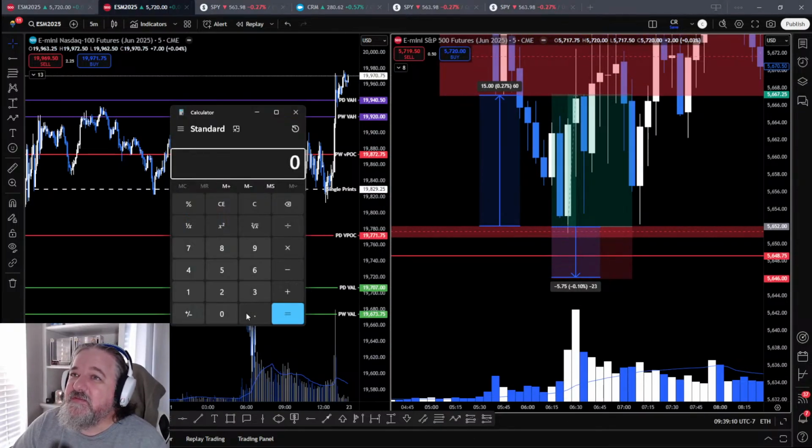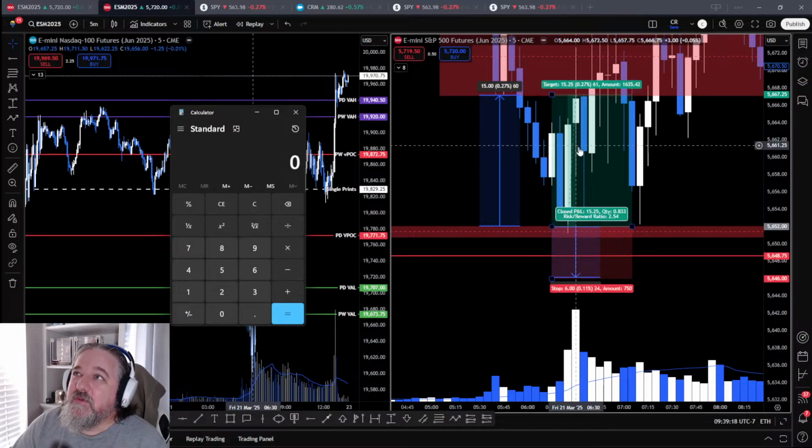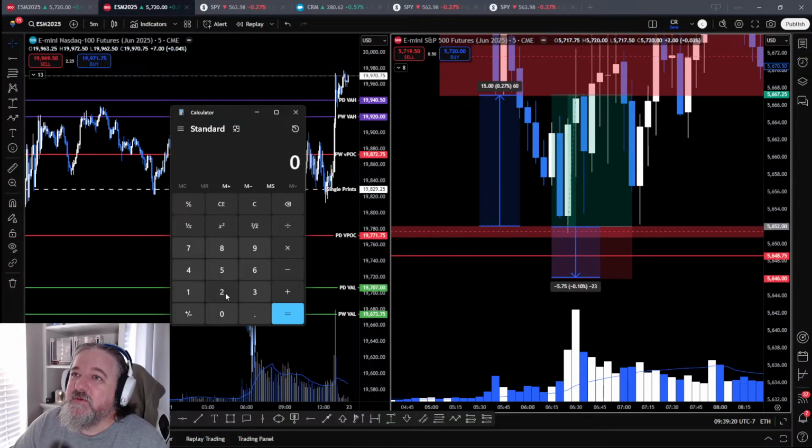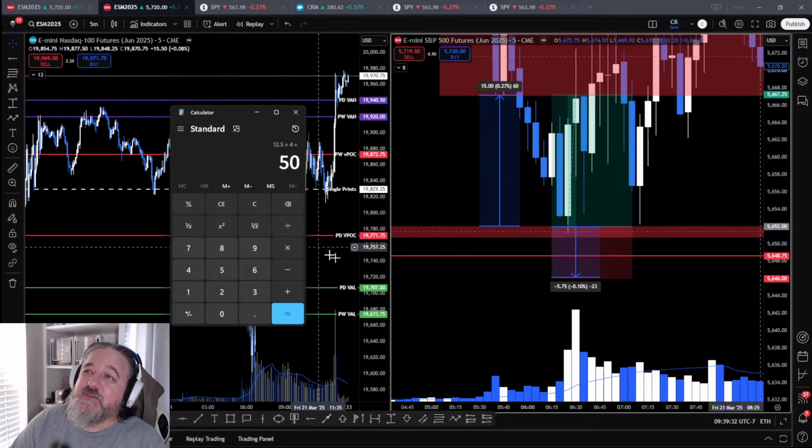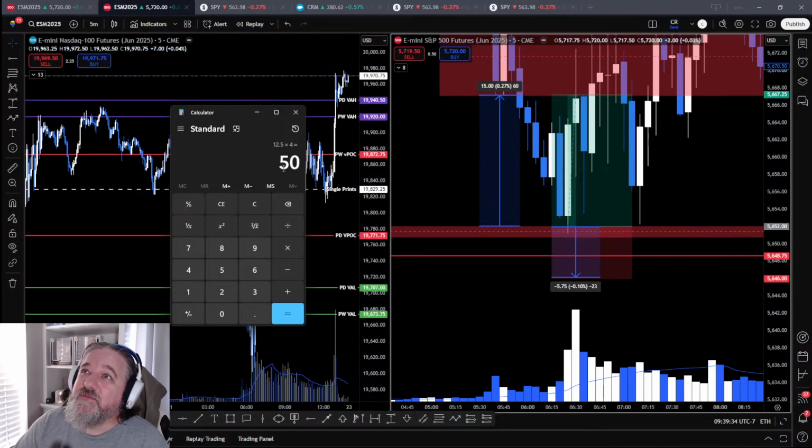Every 25 cents equals $12.50, and this is for ES. So $12.50 multiplied by 4 gives us $50, which is our 52 to 53. So every dollar move equals $50.